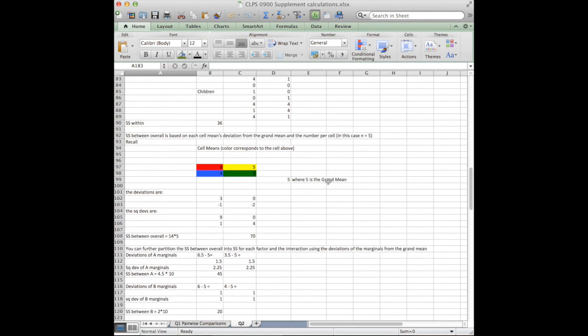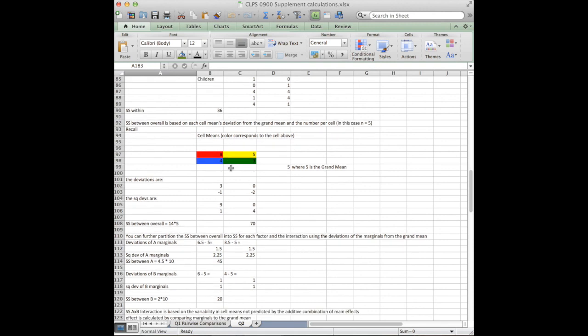So again, I'm just reproducing here the cell means. And then since we're interested in each cell mean's deviation from the grand mean, we would do 8 minus 5, the grand mean, gives you 3. 4 minus 5 is -1. 5 minus 5 is 0. And 3 minus 5 is -2.